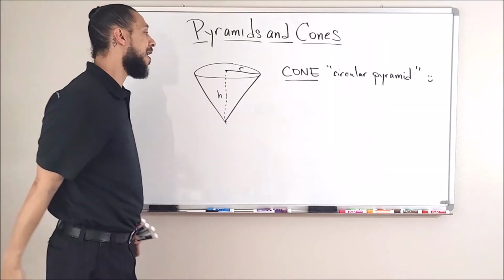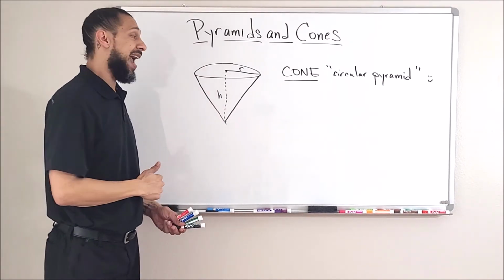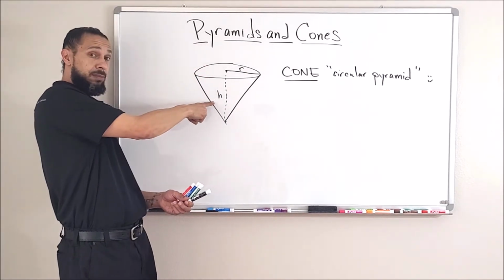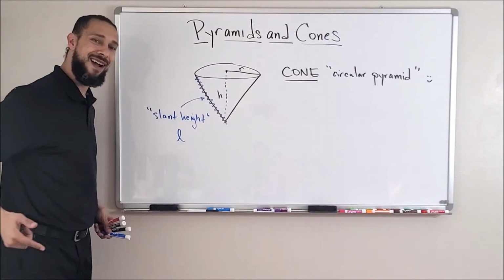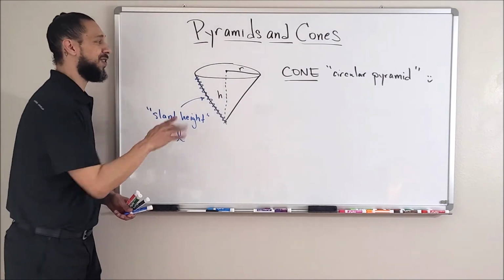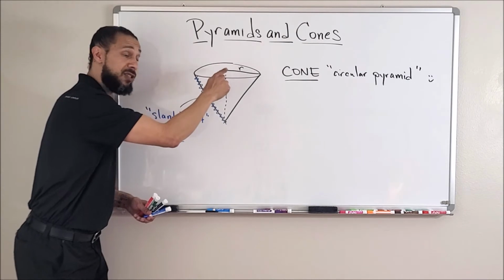All right. So a cone is just like a pyramid. It has a height, and it also has a slant height. So there are two heights to a cone. There's the vertical height that comes straight out the middle of the base, the middle of that circle.